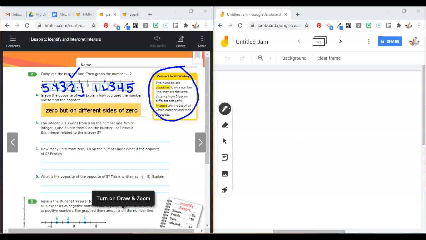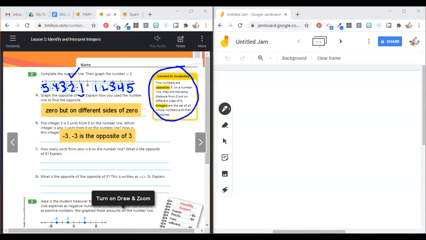So it is -3. And then our next question is, how is this integer related to the integer 3? -3 is the opposite of 3. And that's all there is to that problem.